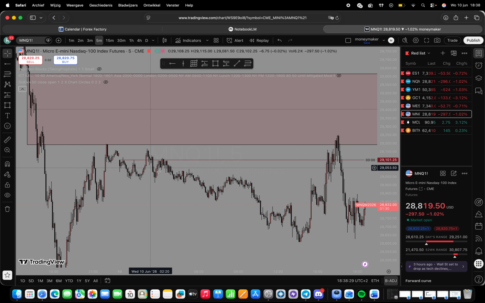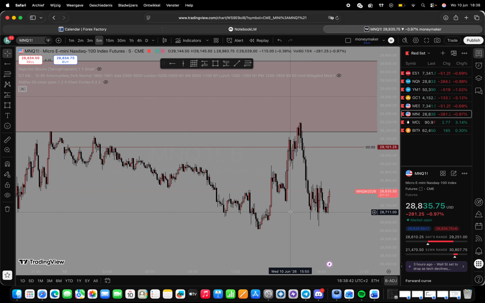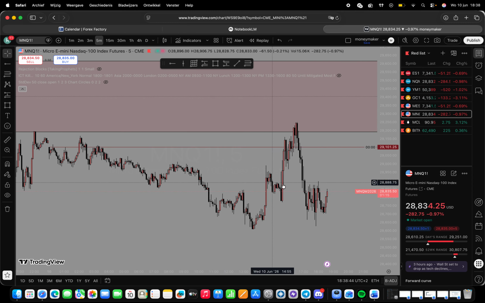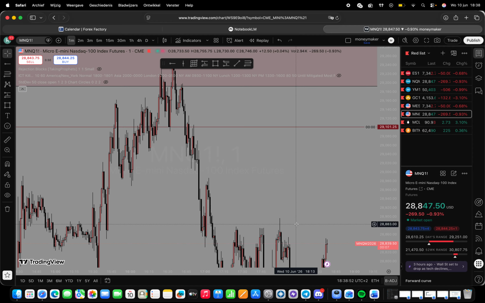That we manipulated the whole time down in order to rally up, aka to fill our high time frame PD array, and in order to go lower out of this PD array. I took the buys from this PD array to this PD array, and I took it on the 1 minute time frame.